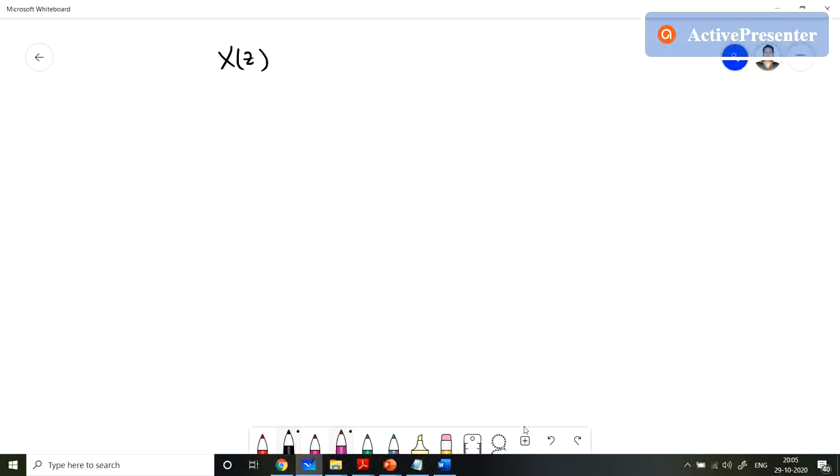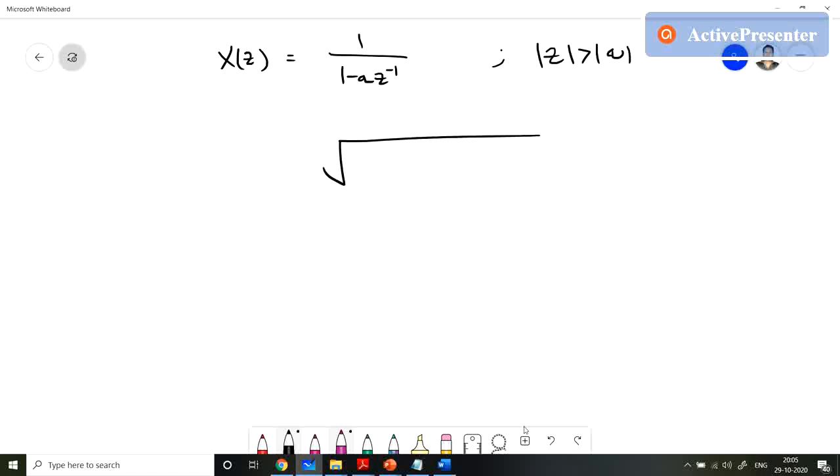So X(z) is given as 1 divided by 1 minus a z inverse. Now if it is a causal signal, then please write it in this way. Write 1 minus a z inverse, and we are going to divide 1 by it.